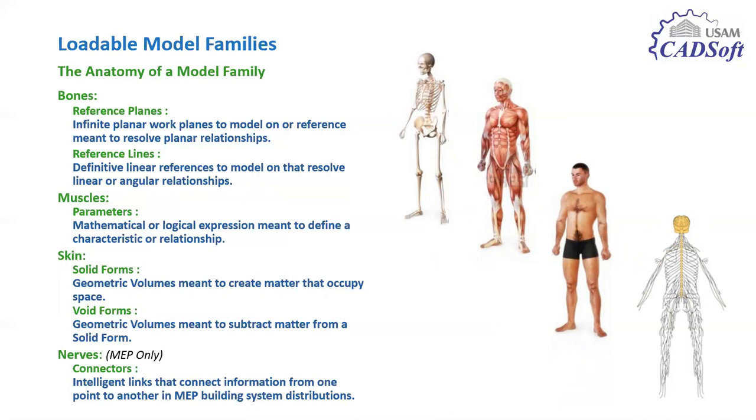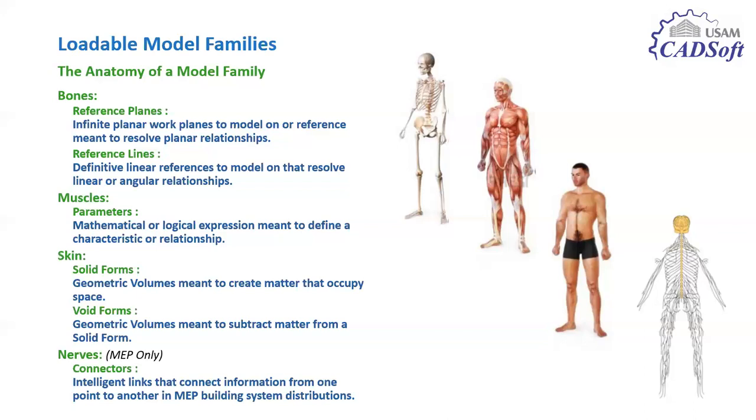I just took a couple of things here. So the bones, how they function, is something similar to your reference planes and reference lines in Revit. And like our muscles, we have the parameters in Revit. Parameters basically control the logical or the mathematical expressions to define the characteristics.